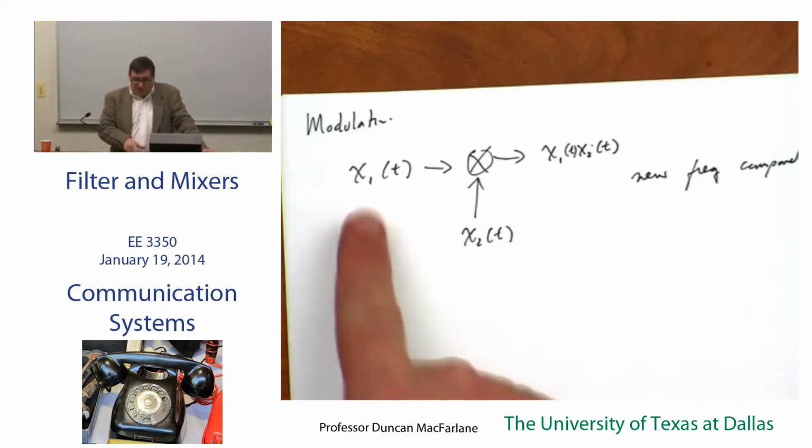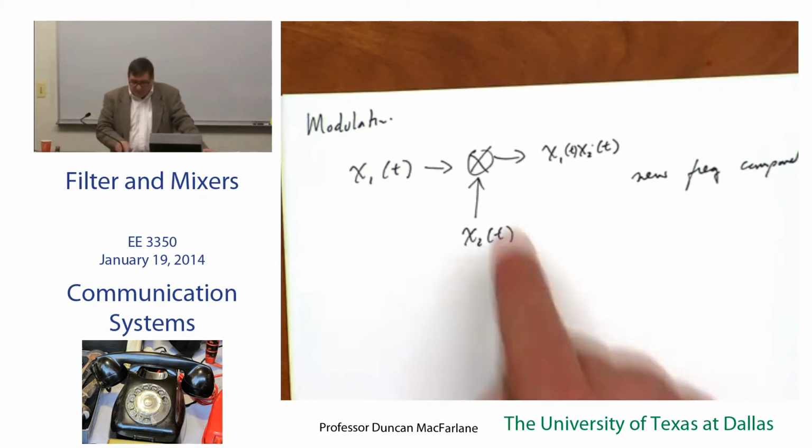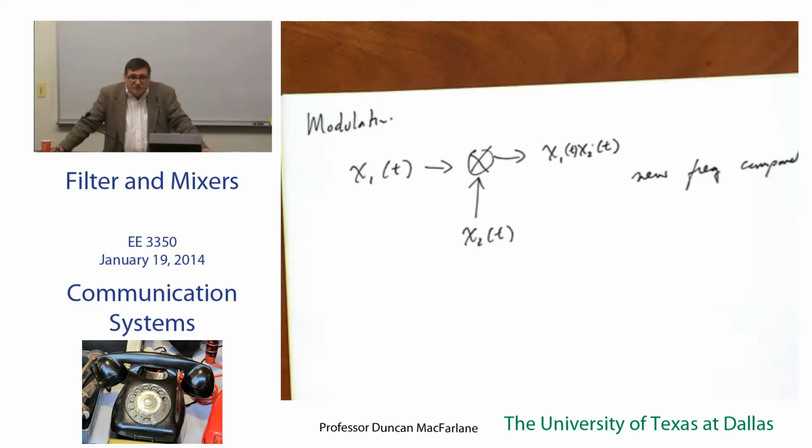So if I have my message signal, and I'm able to imprint it or mix it or modulate it or collide it with the carrier frequency of the radio station, then all of a sudden I'm not at baseband anymore. I'm not at the 2 kilohertz of my speech. I'm now at hundreds of kilohertz, and hundreds of kilohertz propagates like an electromagnetic wave.